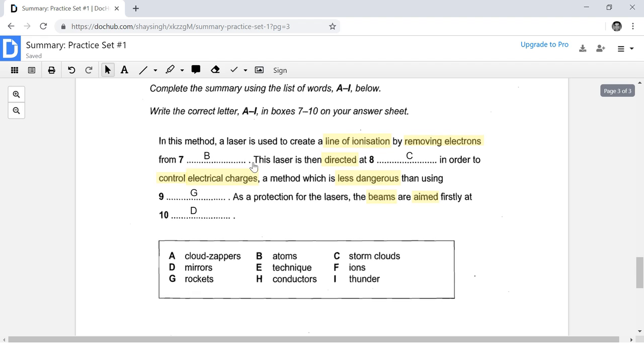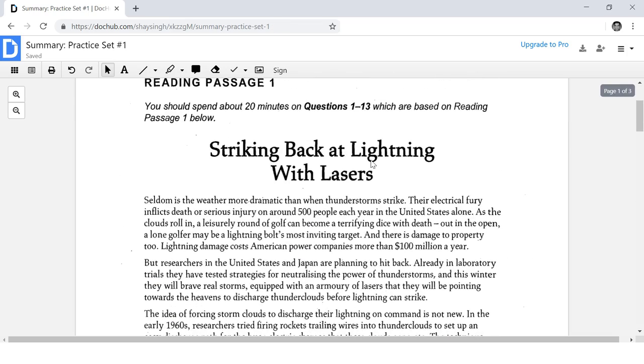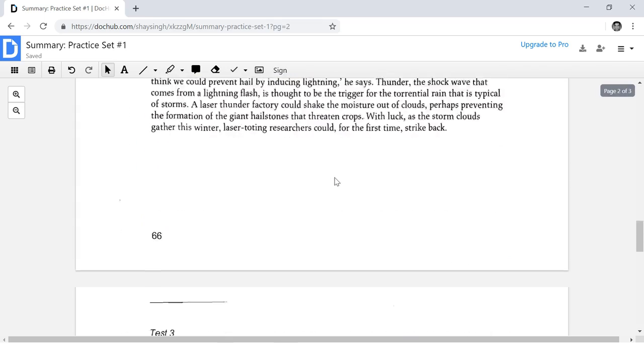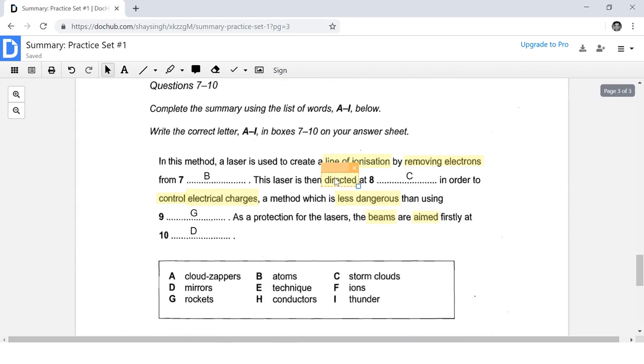It doesn't usually happen, but it can happen. I'm especially surprised because this is a very tricky question and it appears in reading passage number 1. Usually, reading passage number 1 is rather simple in comparison to the rest of the reading passages. So I'm very surprised that they did this, but it just goes to show that these questions can be unpredictable sometimes.